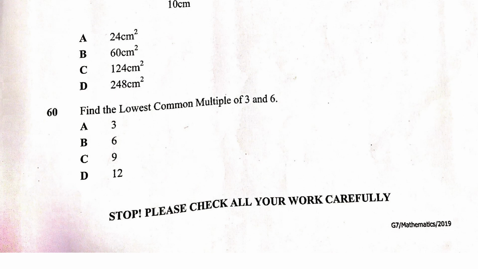That gives us 60 centimeter squared. The top part is the same as the bottom part. So we also say 60 centimeters squared times 2. We have 120 centimeter squared.